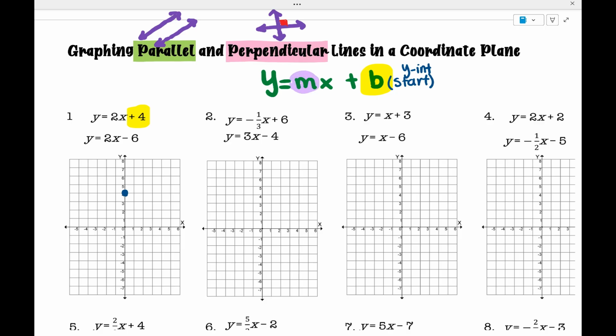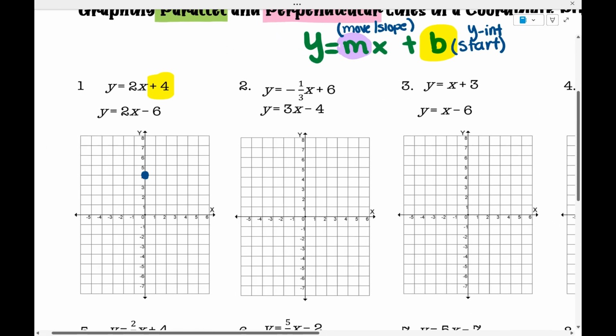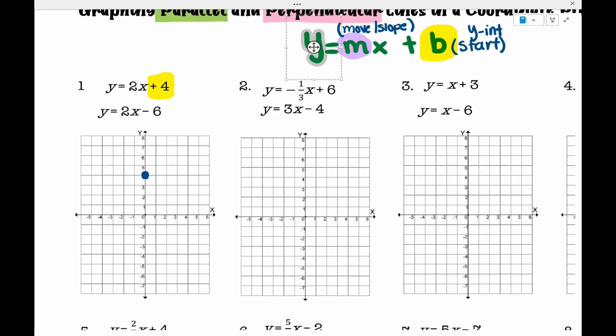The way we get the other points is by looking at our slope. Our slope will tell us how to move from the starting point to get the rest of the points. So in this case, our slope is 2.